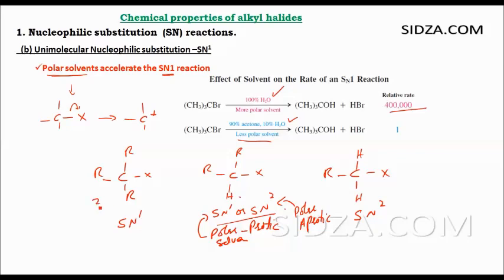So tertiary alkyl halide follows SN1, 1 degree follows SN2, and 2 degree can follow SN1 or SN2 depending on the type of solvent. If you have a polar protic solvent, it will be SN1. If it is a polar aprotic solvent, then it is SN2.